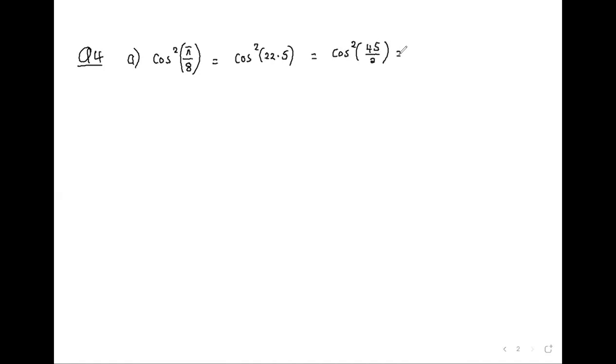Okay, so instead of having a root, this thing is squared. So it will just be 1 minus cos 45 over 2. There will be no root because it's squared. That will be 1 minus root 2 over 2, over 2, which is 2 minus root 2 over 4.